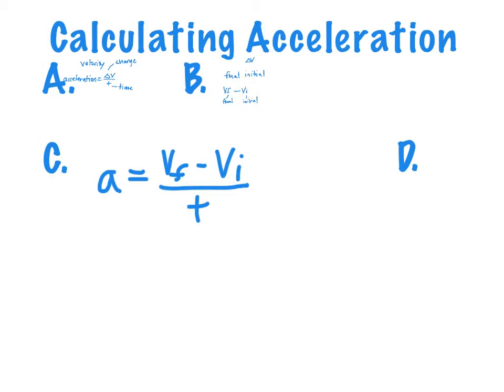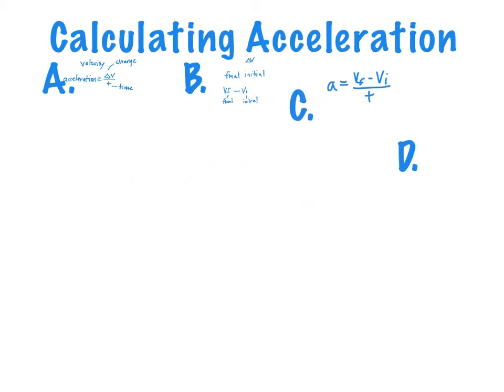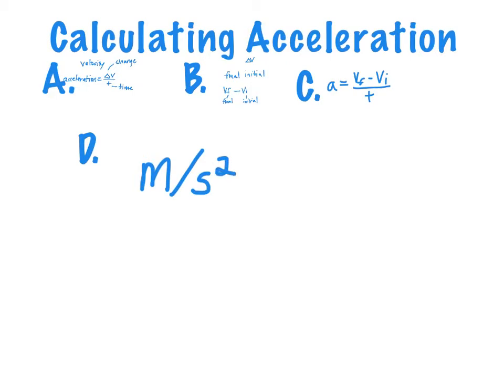So that's what you should write for letter C. So again, you can pause, write that out. Lastly, D, the unit for acceleration is meters per second squared. And how you write that is m over s squared. So that's our units for acceleration.